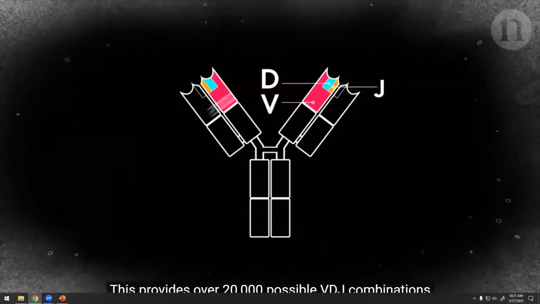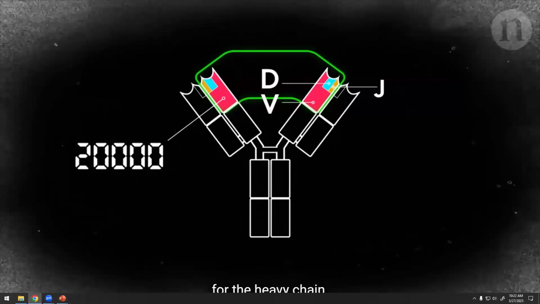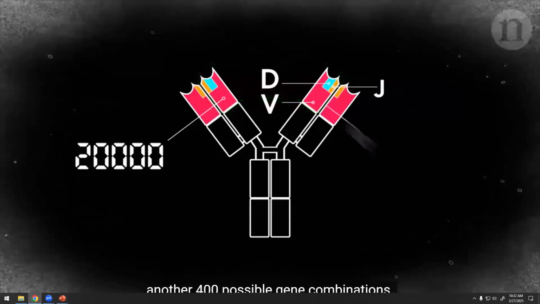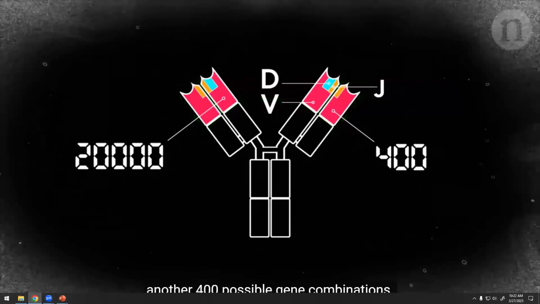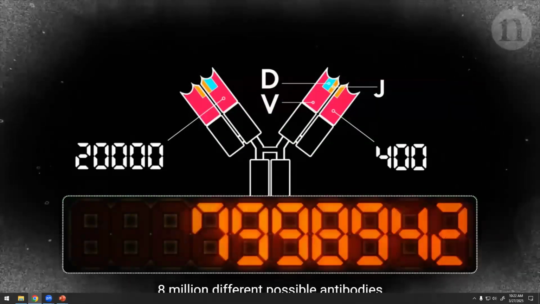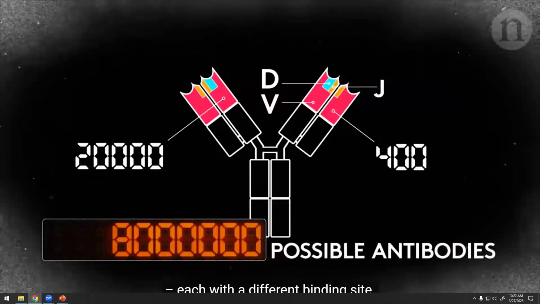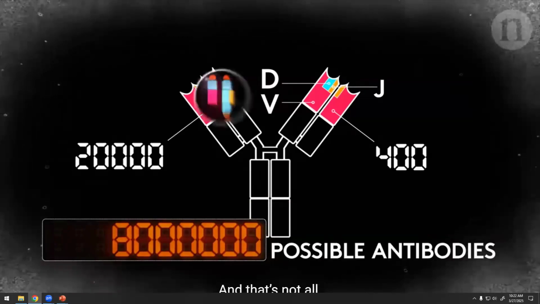This provides over 20,000 possible VDJ combinations for the heavy chain. The light chain can have another 400 possible gene combinations. Combining heavy and light chains gives approximately 8 million different possible antibodies, each with a different binding site. And that's not all.